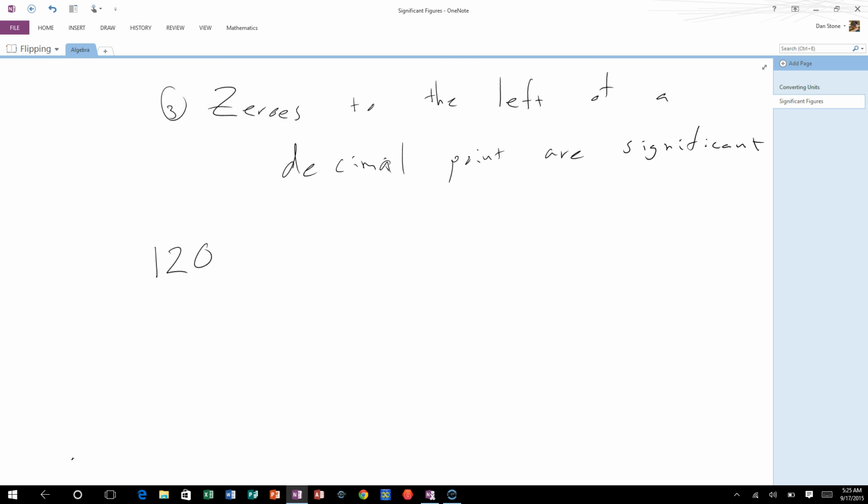So this is going to sound very strange, but is there a decimal point right there? No. Since there is not, then this 0 in this case is not significant.